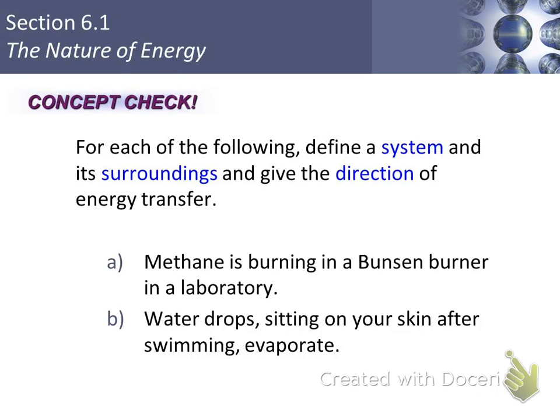Okay, on A, which is the system? Methane is the system, and what's the surroundings? Everything else, right? The lab, whatever. Okay, so this is the system, and this is the surroundings. And which is it, endothermic or exothermic as it burns?